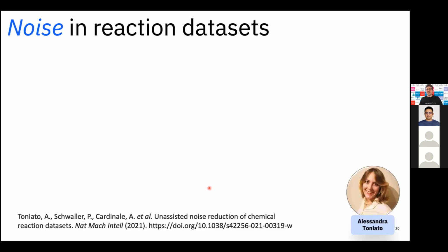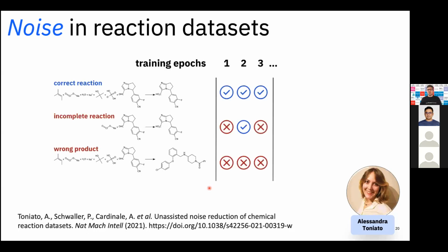And here on that slide, I would like to point you to the excellent work of Alessandra Toniato, who looked at the prediction at every epoch during the training and basically looked at forgetting events that would happen when the model correctly predicted a reaction, then again wrongly predicted it in the next epoch, and so on. And using this signal, she then automatically cleaned the reaction data set without really human intervention.